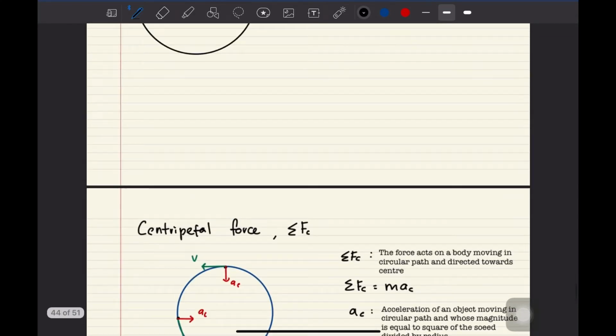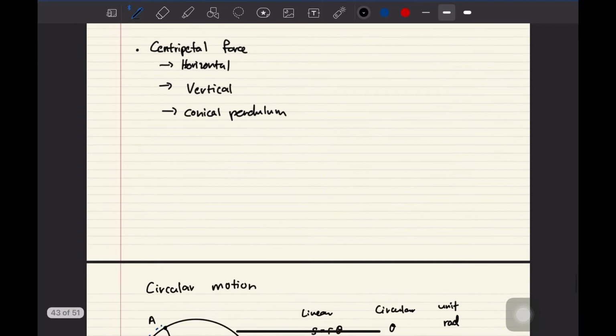Before we go further, what does it mean by uniform circular motion?